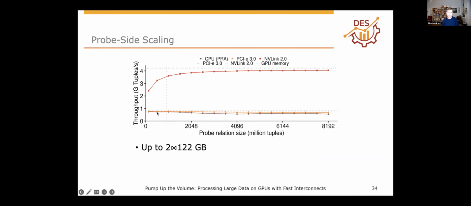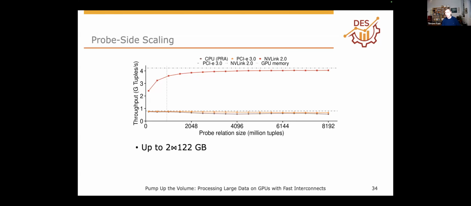And then I'm comparing here a traditional CPU-based hash join, then a PCI Express hash-based hash join, and we're not partitioning here. So we're just basically having a single hash table, and we're probing it with a much larger second table.